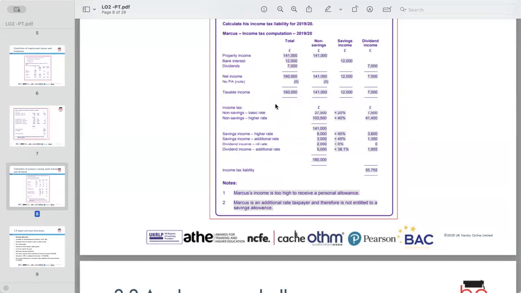For his savings income, Marcus pays tax at the higher rate on the portion of his savings income that exceeds the savings allowance. For dividend income, Marcus pays tax at different rates depending on the amount of his income. After applying these tax rates to Marcus' income, we find that his total income tax liability for the year amounts to 55,755 pounds.